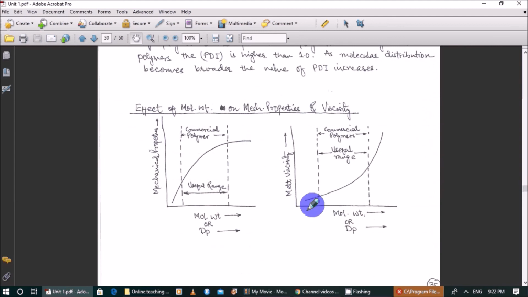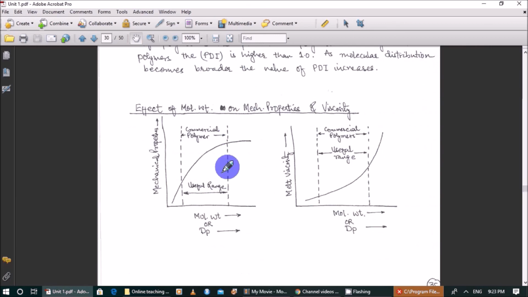Whereas when we increase the molecular weight beyond a certain range, the melt viscosity, here in the second curve, melt viscosity is on the y-axis and molecular weight is on the x-axis. So you can see the melt viscosity is exponentially increasing with respect to the molecular weight.